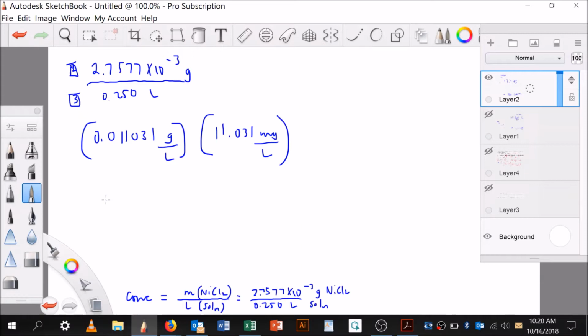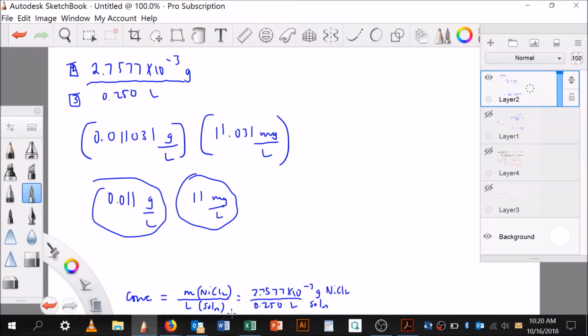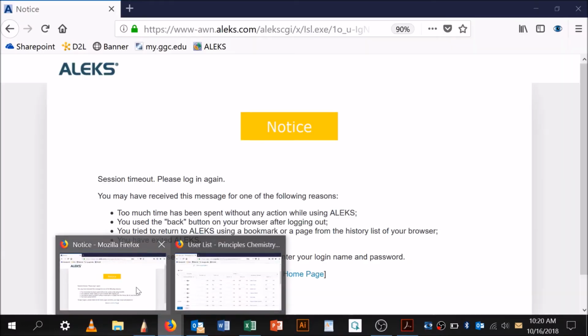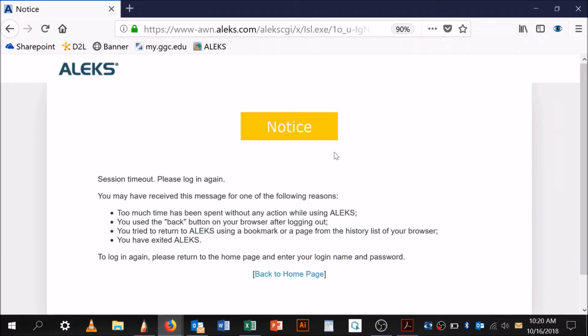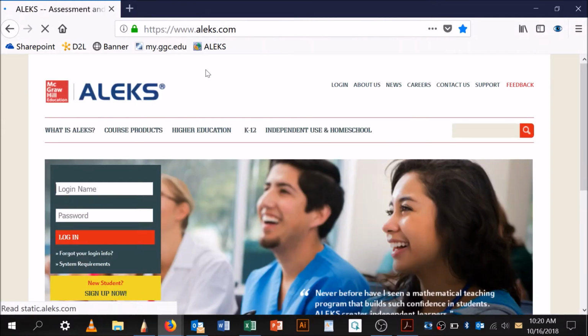So this is either going to be 0.011 grams per liter, right, or 11 milligrams per liter. Okay, and Alex is probably going to have the unit in there with it for us. So let me go back here.